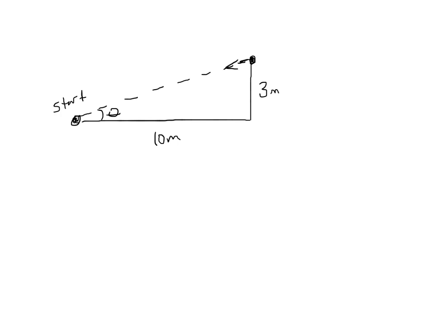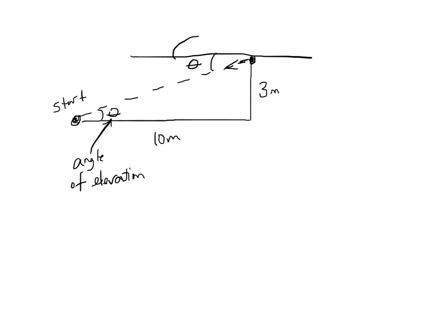Just as vocabulary, this angle down here would be called the angle of elevation, and it's the same as this angle right here, which we would call the angle of depression.